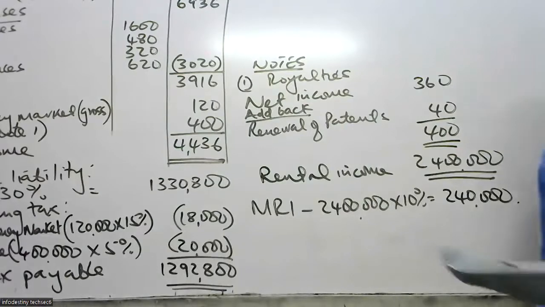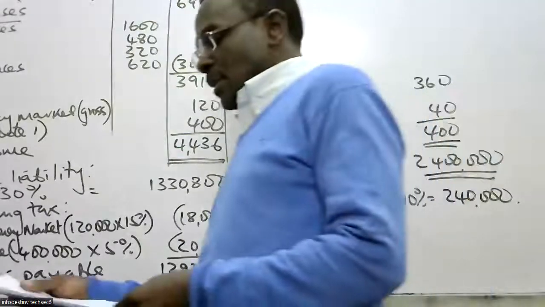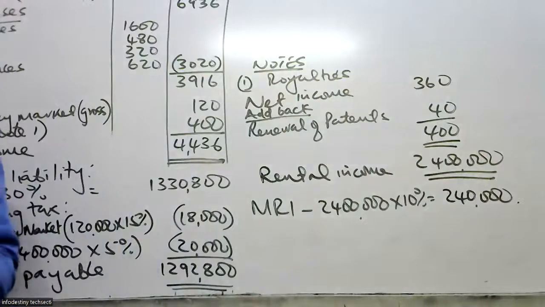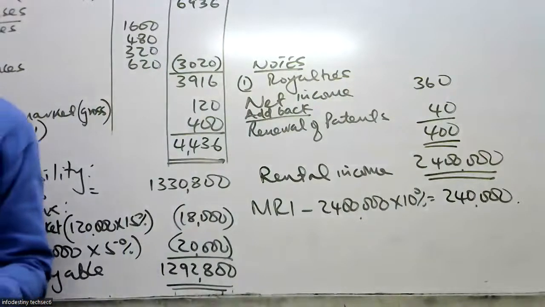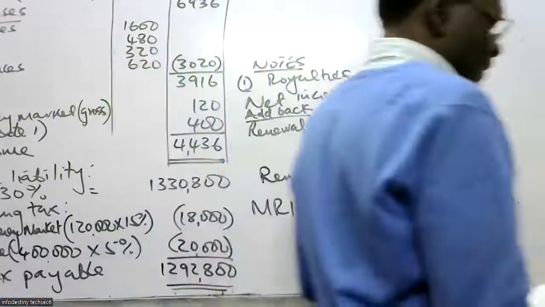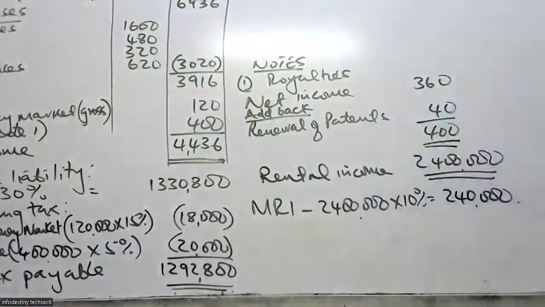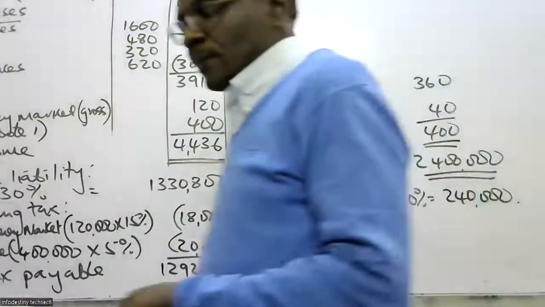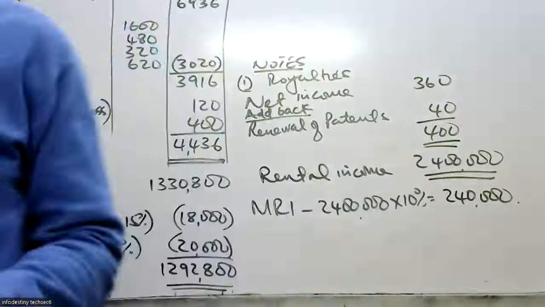The first one is downloadable digital content. Next transaction, streaming of digital content.